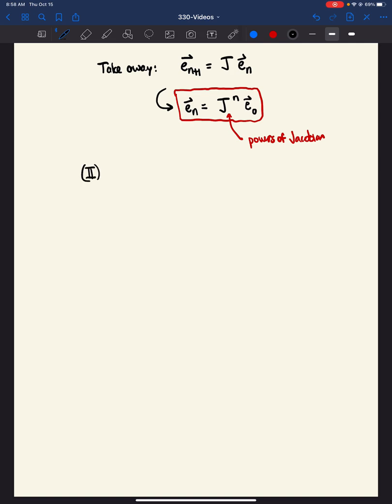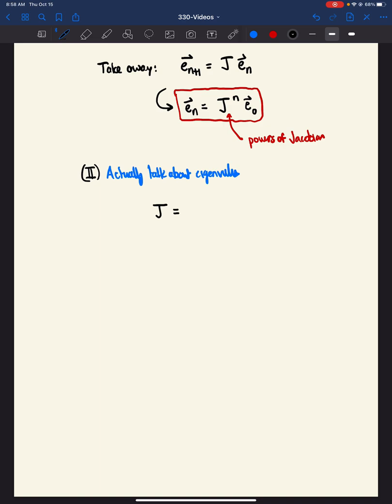The second thing I want us to do, and this is where we're actually going to talk about eigenvalues, is if we have a matrix J, we can do a diagonalization or a factorization of this matrix in terms of its eigenvalues and eigenvectors.